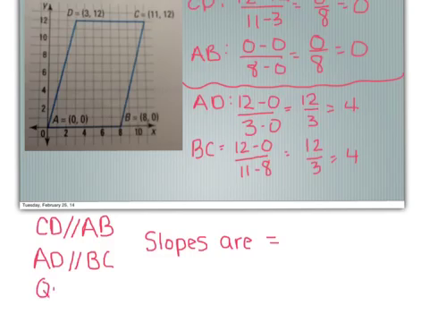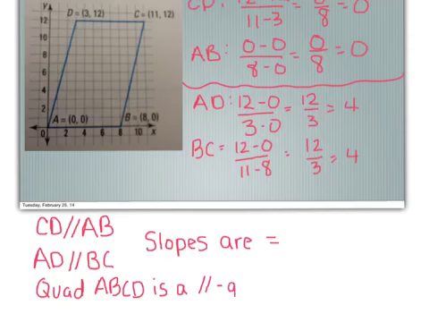So then I would say quad ABCD is a parallelogram. How do I know that? How does this tell me that this is a parallelogram? Two parallel equal sides. Okay, so we would call that the what of a parallelogram? Think way back. If that's what a parallelogram is. Definition, good. So this is by definition of parallelogram.